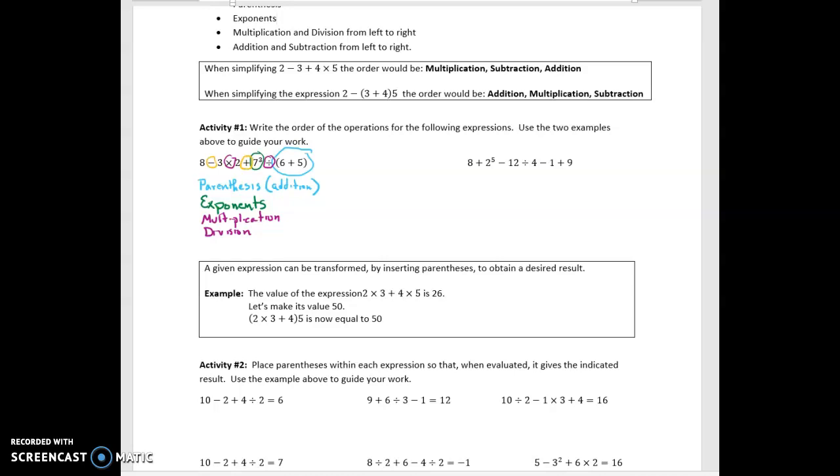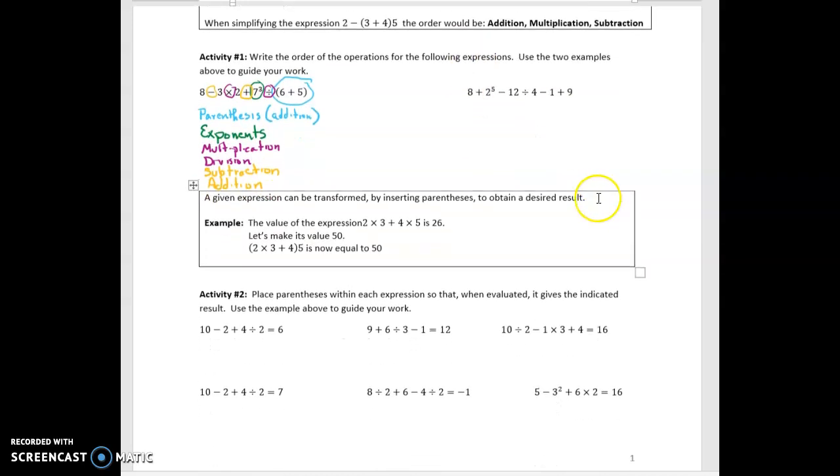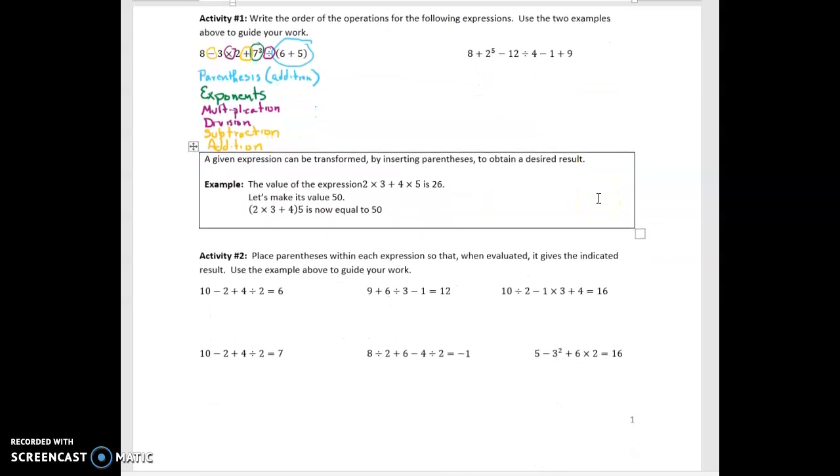So this time subtraction is coming before addition in left to right. So we would write subtraction and addition. And then for the second one, you guys will work with your team to work together on that second one.